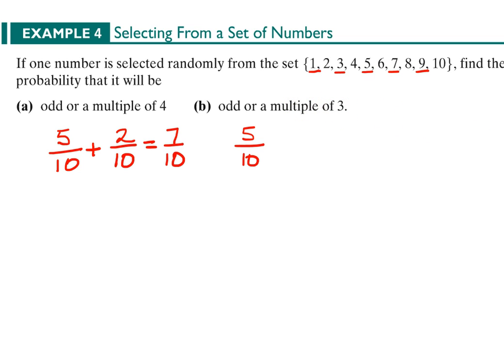So as we do our multiples of 3, and I'll change color, we have this one, we have this one, and we have this one that are multiples of 3. So we would add 3 out of 10. But wait a minute, we've already used the 3 and the 9 because of their odd nature. So to make this proper, we have to subtract the 2 that we've already counted in the 5 here.